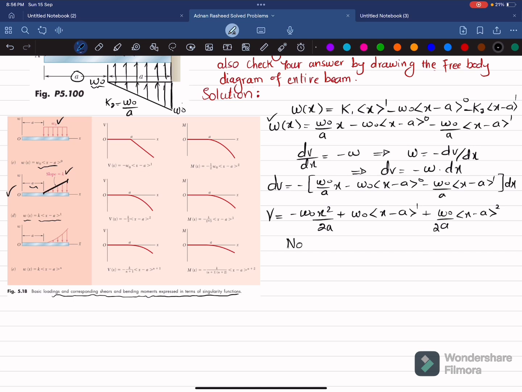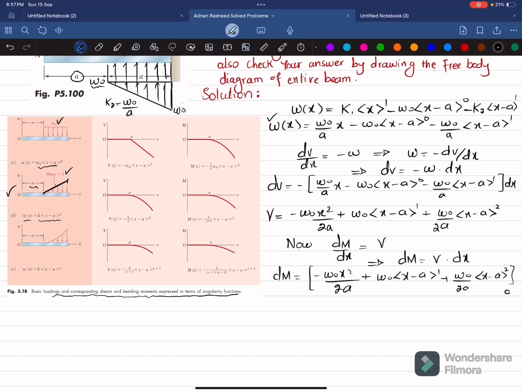Now we know that dM over dx is equal to V. So dM will be equal to V into dx. So I will write it, dM is equal to V, which is minus W naught x square over 2A plus W naught into x minus A power 1 plus W naught over 2A into x minus A power 2 into dx.